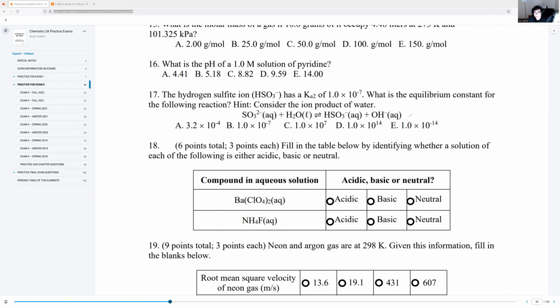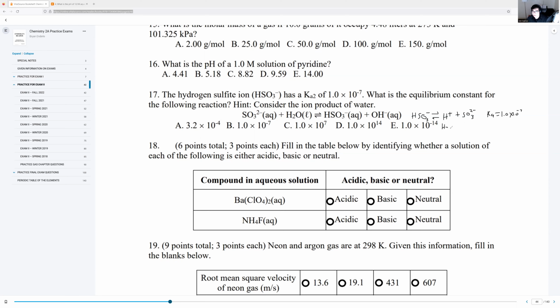Right, so for this equilibrium, this Ka value is specifically talking about HSO3 minus dissociating into H plus, or H3O, whatever you want, plus SO3 2 minus. I forgot the minus sign here. All right, this has a Ka of 1.0 times 10 to the negative 7th.